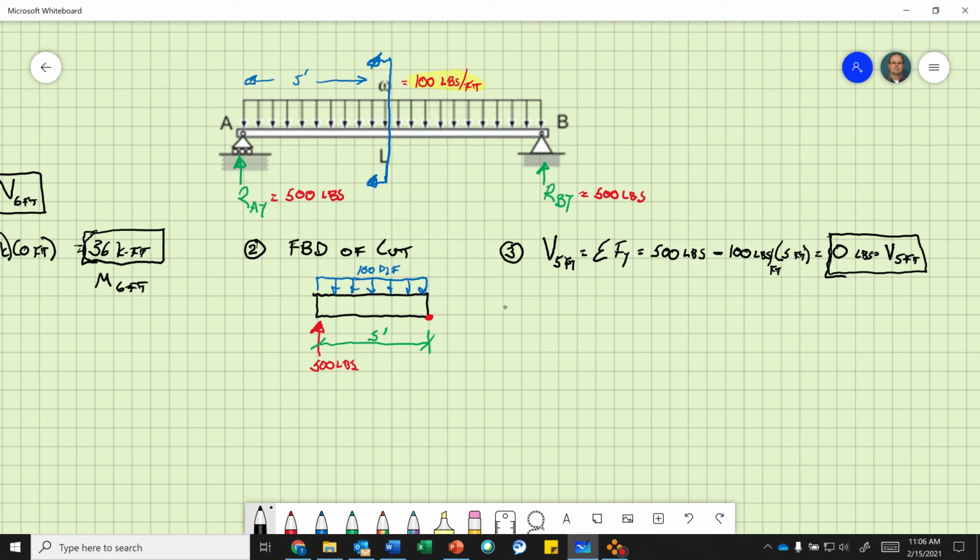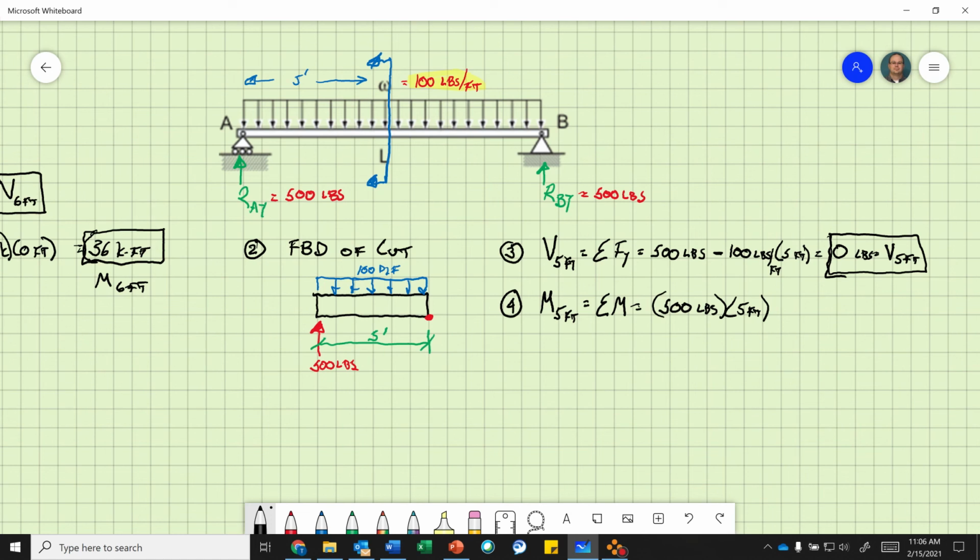Okay, now my moment at 5 feet, M for moment, V for shear, equals the sum of the moments from left to right. 500 pounds is pointing up, so it's positive, times 5 feet. Now I actually got to convert that into a point load, because it's a 5 foot length distributed load.